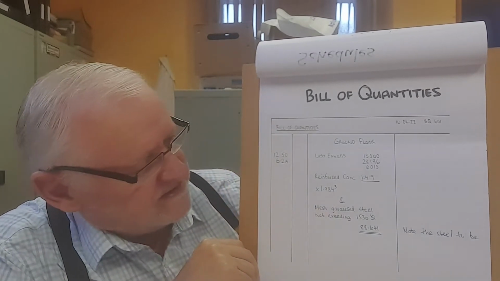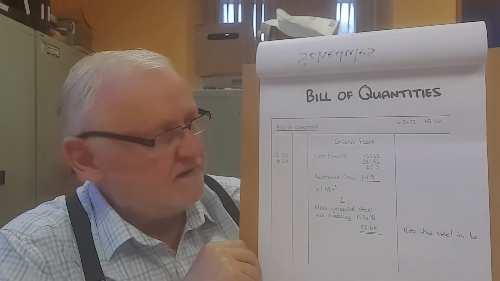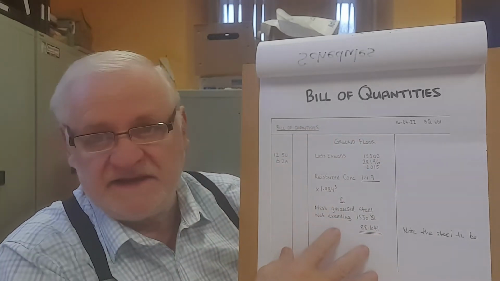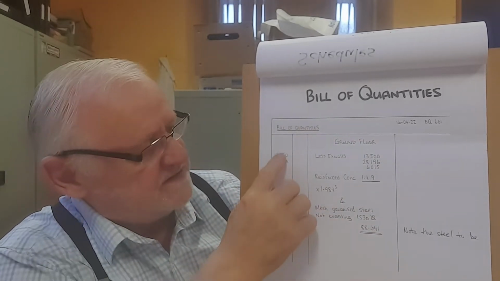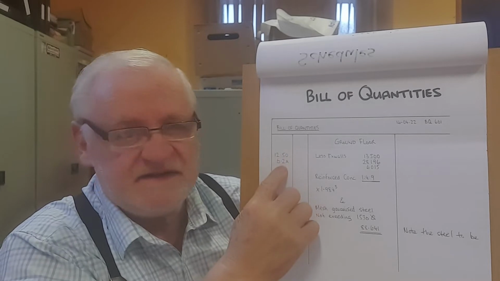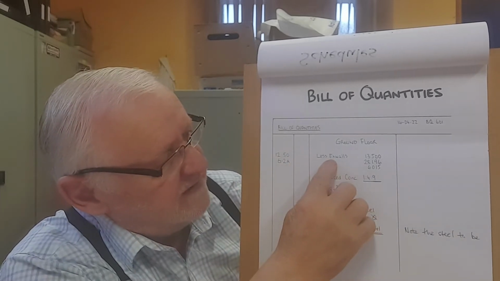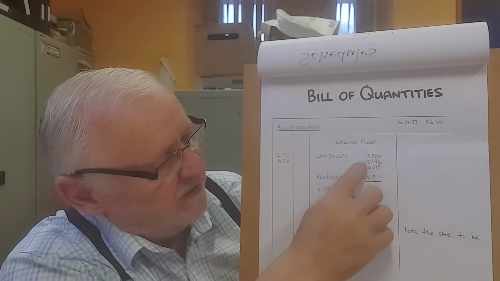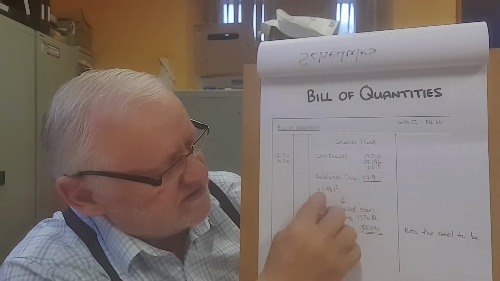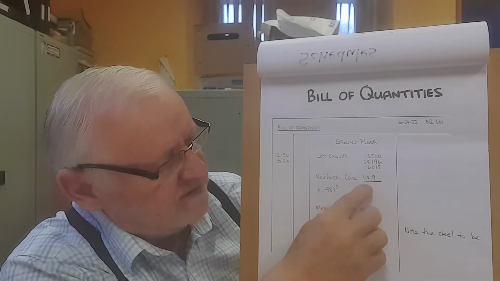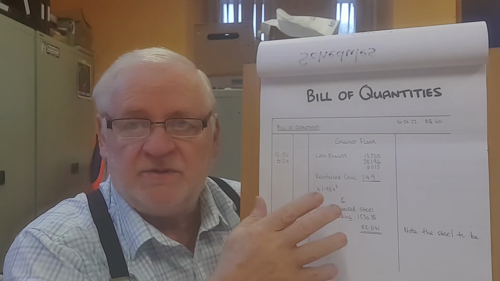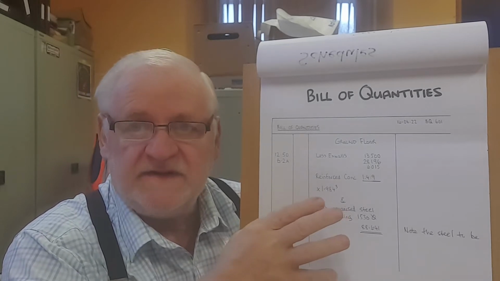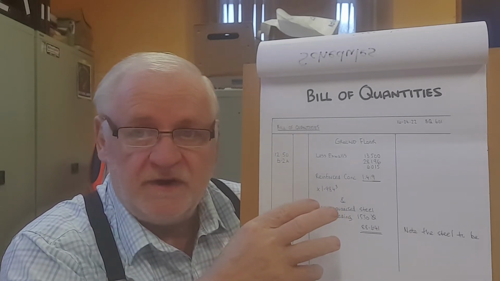I'm not sure if you can see all of that. It's in fine print, but you'll see that it's a list, and it'll have certain key features on the left-hand side. It'll also have, it says ground floor, and it's got certain calculations, you know, reinforced concrete at 1.49. I'm not sure what all that means, but a quantity surveyor or a concreter would know.